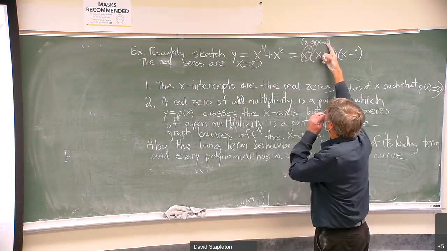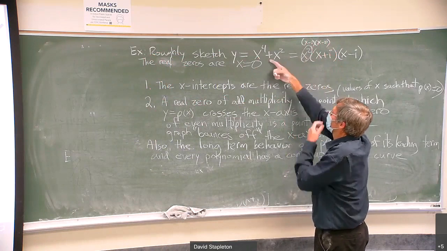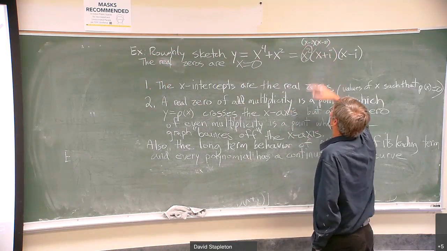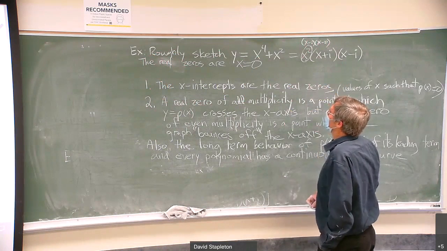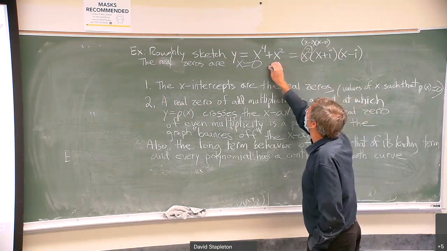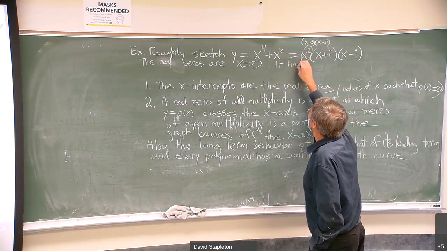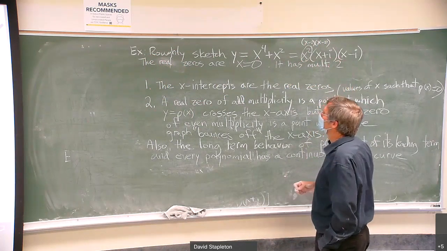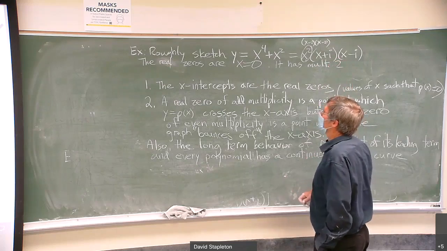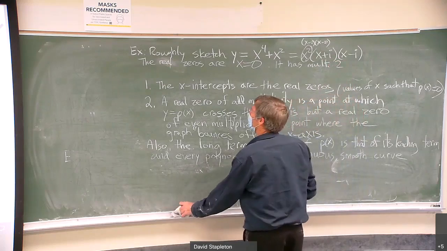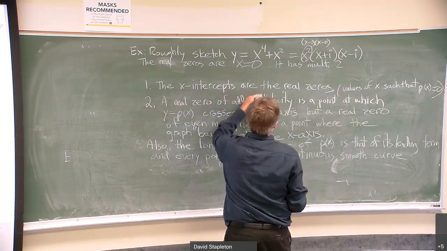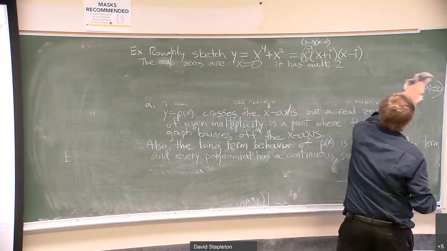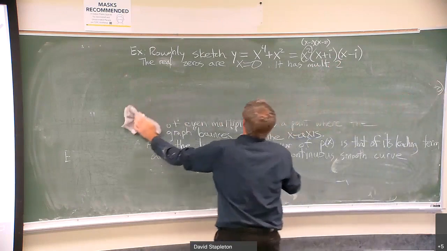So 0 is a zero of the polynomial, something that makes this equal to 0, with multiplicity 2 from the factorization because there are two factors of x minus that number. So what do I know about that? The only x-intercept is x equals 0, and it bounces off because it's an even multiplicity. So I know to do this.